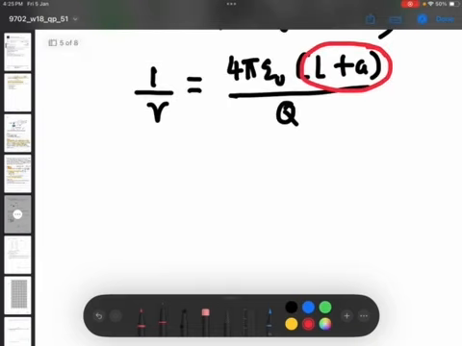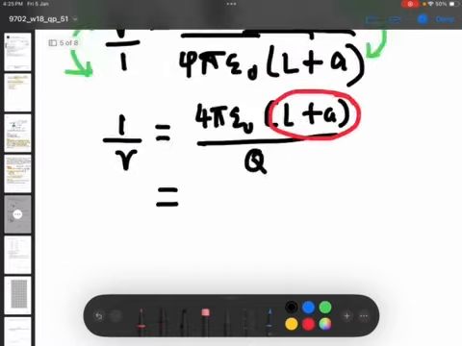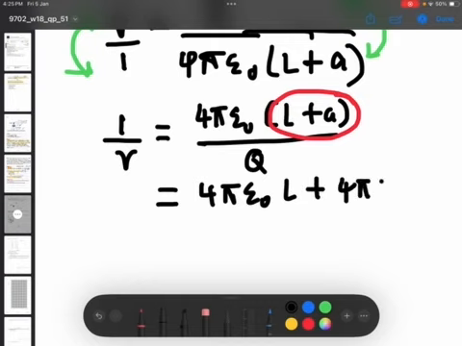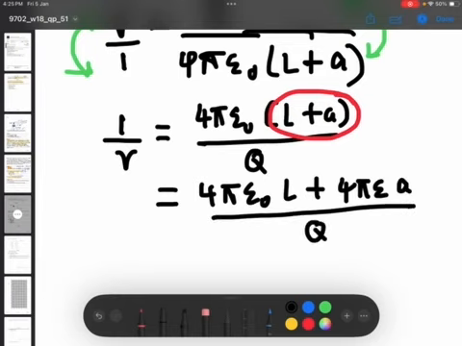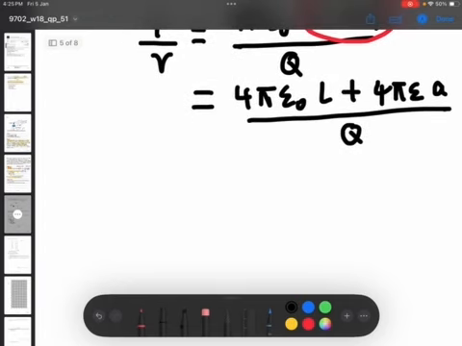The best way to do that is to simply expand the bracket. In this case, we'll say 4 pi permittivity of free space times L plus 4 pi permittivity of free space times A, over Q. Once it is like that, it is now simpler.